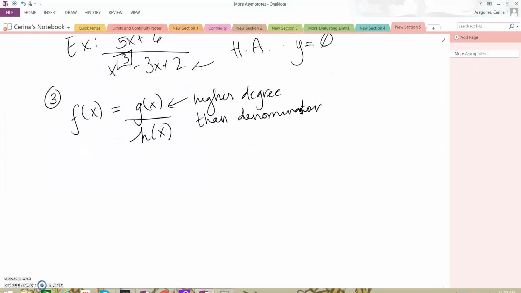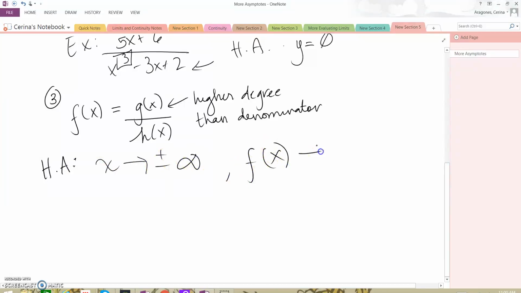Remember, horizontal asymptotes are such that when x approaches plus or minus infinity, f of x approaches some value. So as x gets really, really big or really, really small, are my y values approaching something?